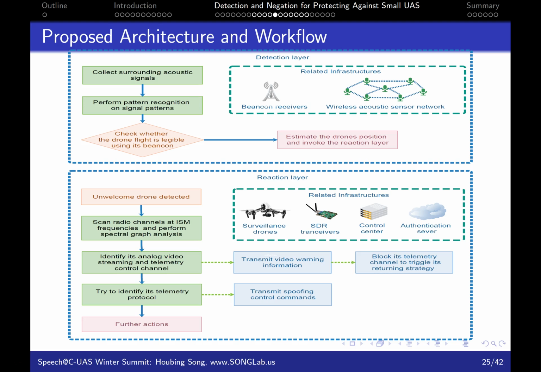Then we can block its telemetry channel to trigger its returning strategy. Then we can try to identify its telemetry protocol and transmit spoofing control commands. If this doesn't work, we will consider further actions. For the reaction layer, the related infrastructure includes the surveillance UAS, SDR transceiver, control center, and authentication server.